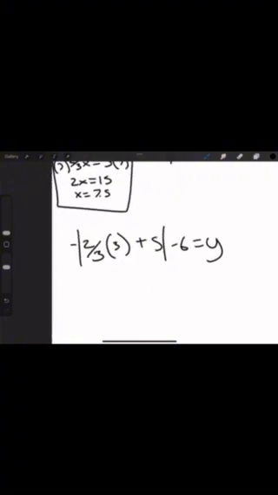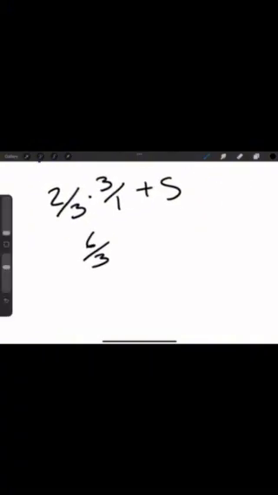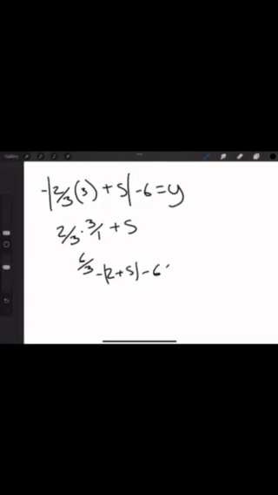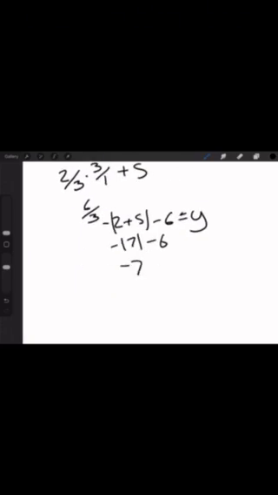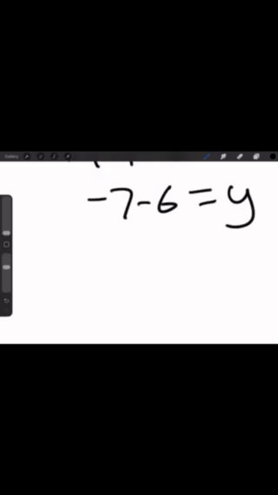So that's going to be 6 over 3, or just 2 plus 5 minus 6 equals y. 2 plus 5 is 7 minus, and that's going to give us negative 7 minus 6 equals y, or, one second, sorry, negative 13 equals y. That's going to be for here and for here.